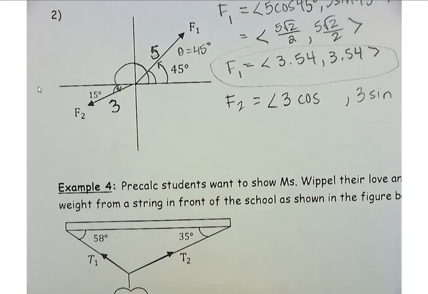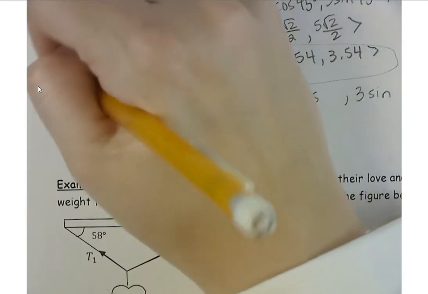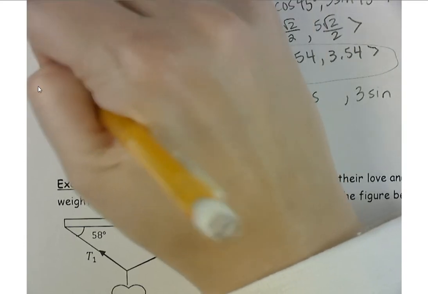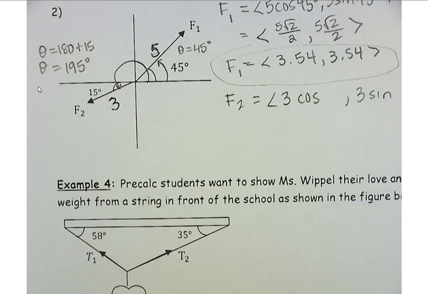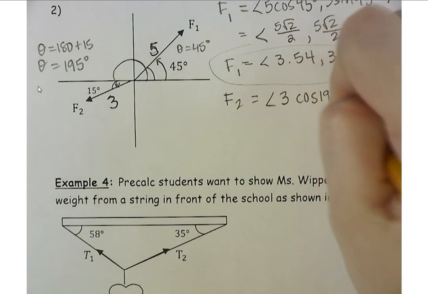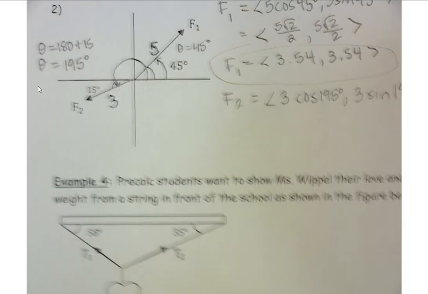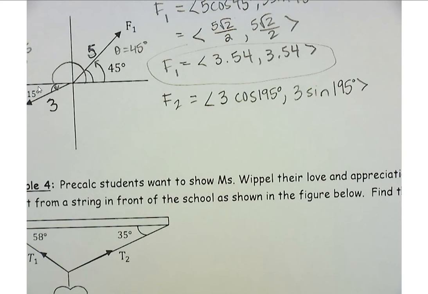So to find your theta for F sub 2, your theta is going to be 180 plus 15 degrees, which will give you 195. You could also go the opposite way. Okay, that would be fine too. This we are going to need to calculate, since it is not a place on our unit circle.